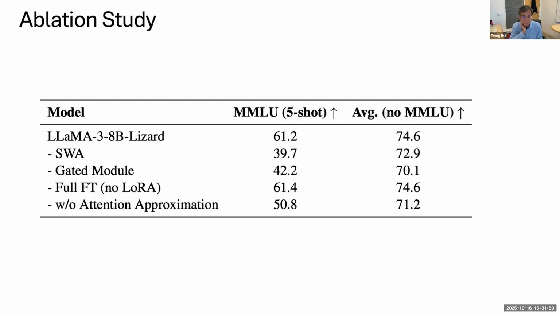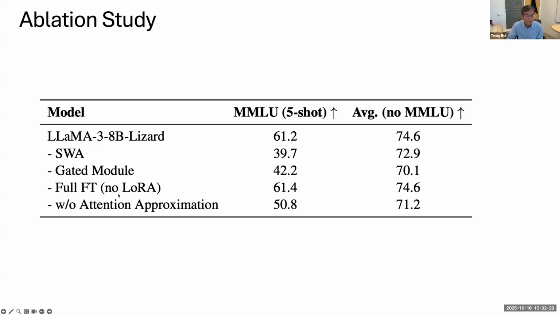Here, we also conducted the ablation study to see what contributed to our proposed approach. Basically, you can see here if we don't use any attention approximation, then we lose about 10 points compared to the full proposed method.